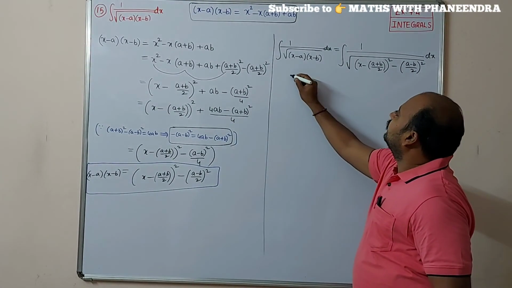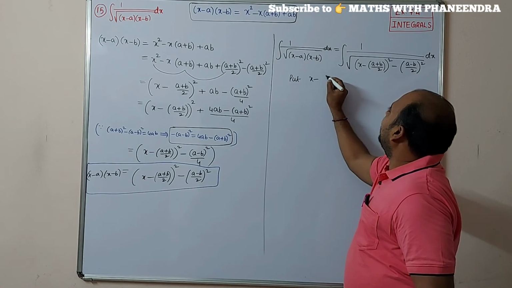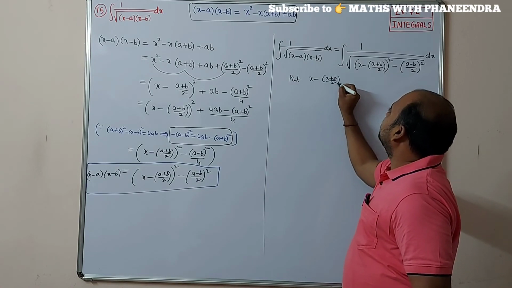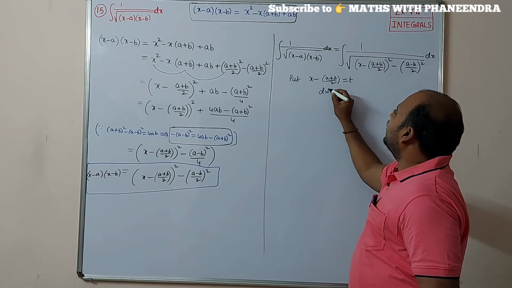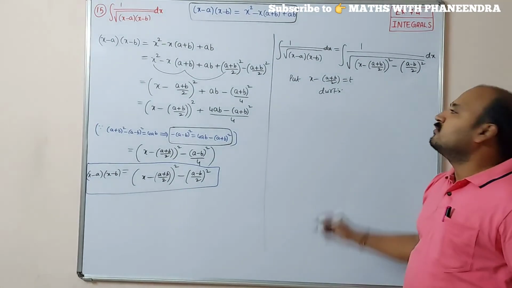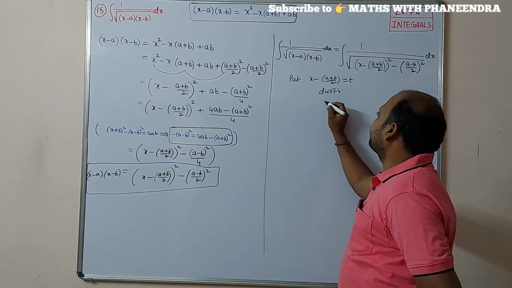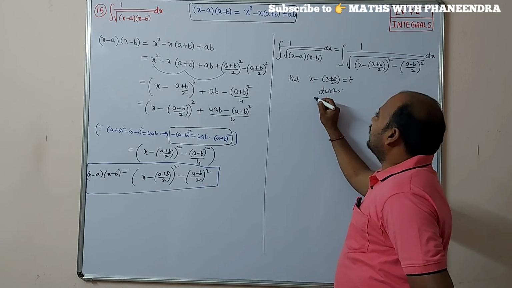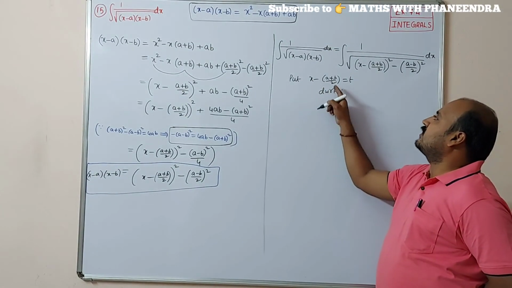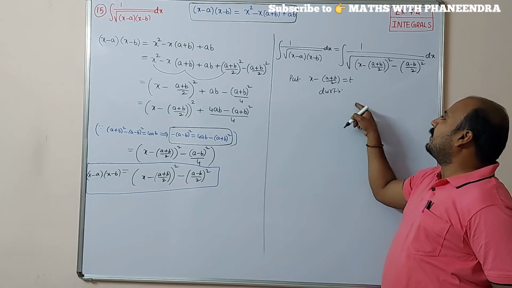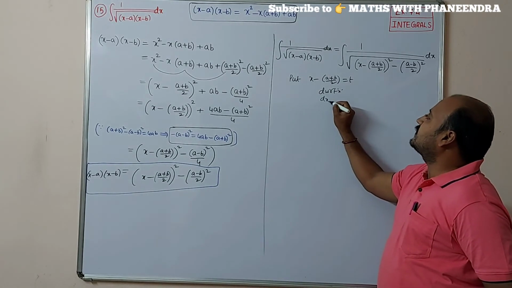Before the log formula, put x minus (a plus b)/2 equal to t. Differentiate with respect to x: the derivative of x is 1, and the derivative of the constant is 0, equal to dt by dx. Now cross multiply, dx is equal to dt.